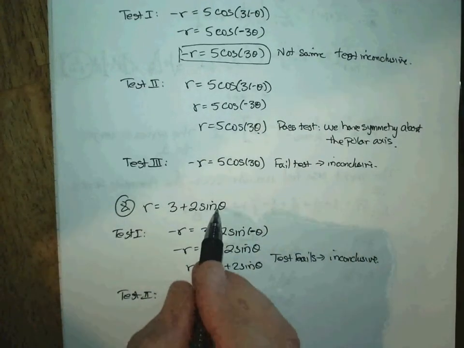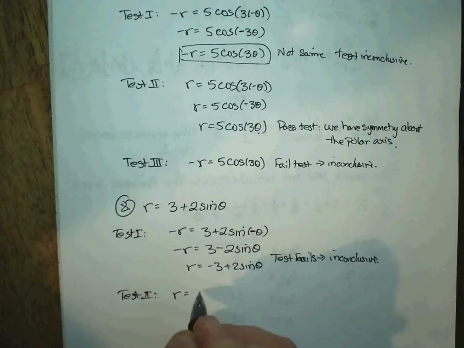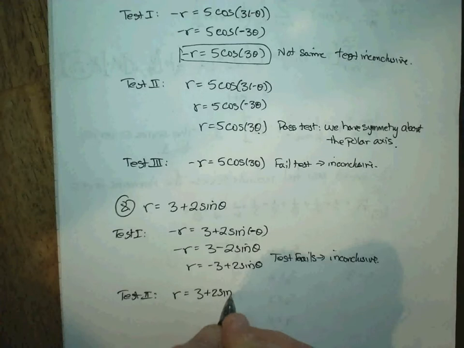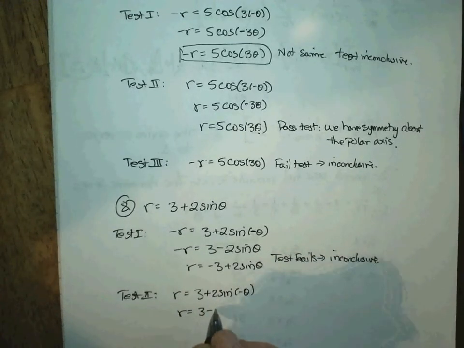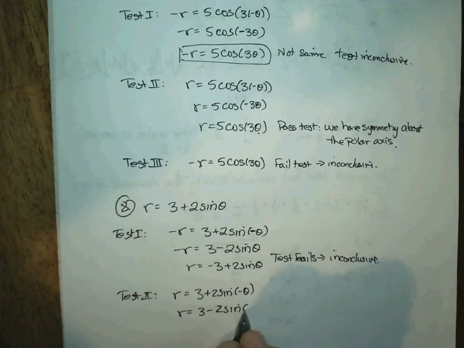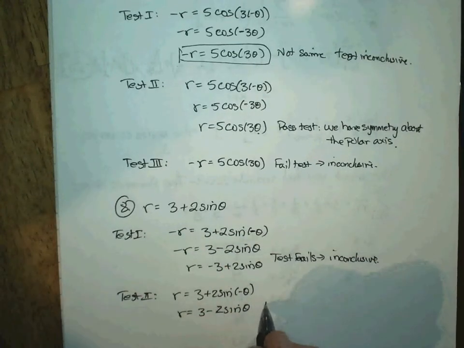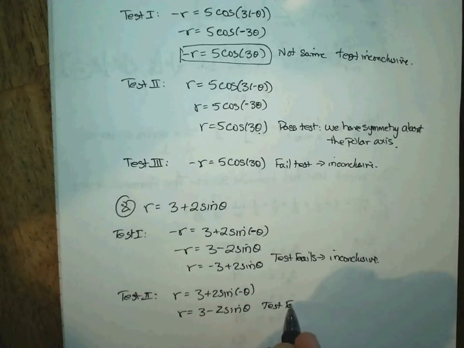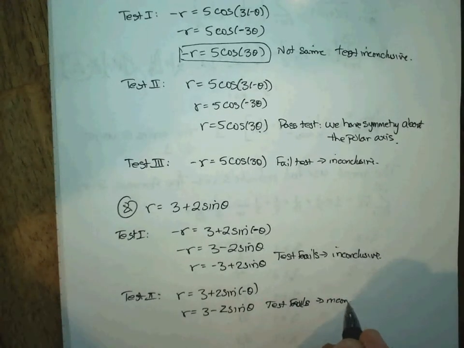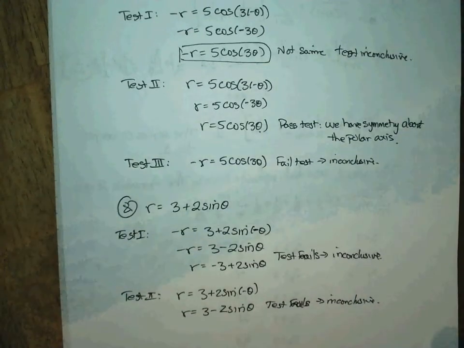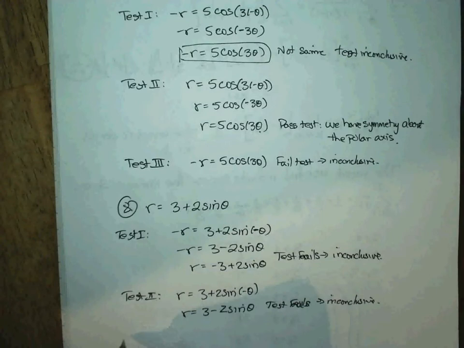Test 2. You replace the theta with negative theta. Well, the sine again spits out the negative. That's not the same as the original equation. Test fails. This is inconclusive. Maybe I have symmetry about the polar axis, and maybe I don't.